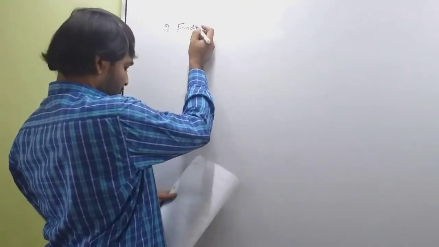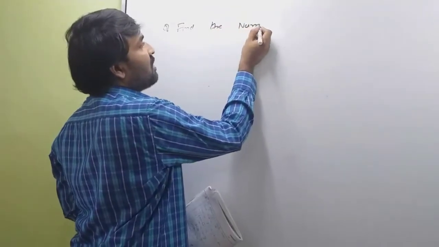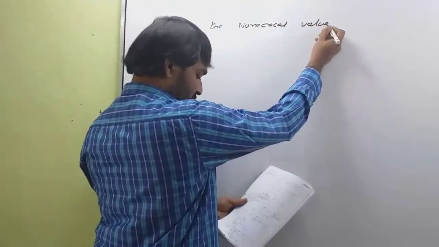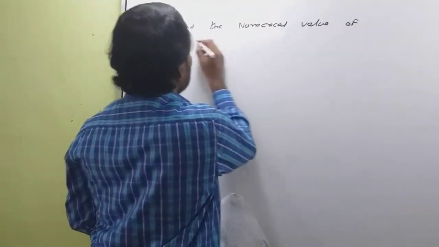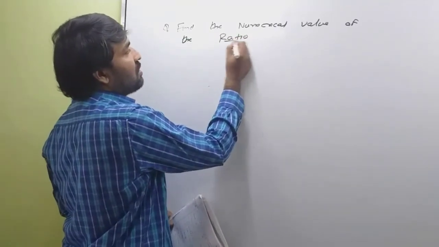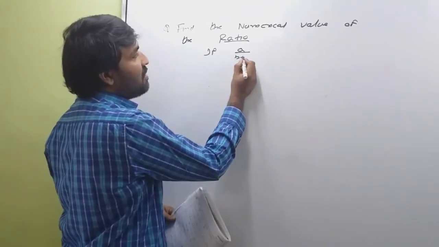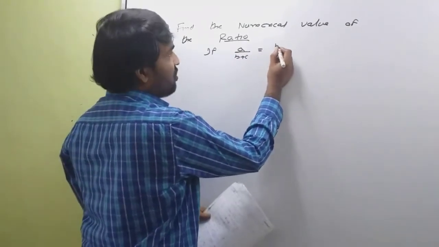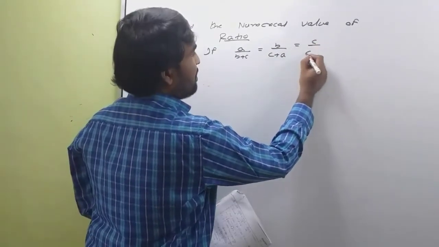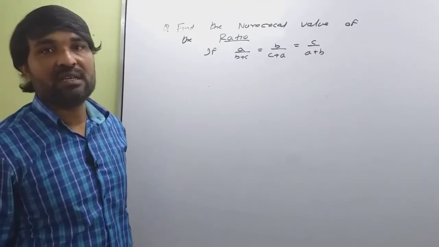Find the numerical value of the ratio if a by b plus c is equal to b by c plus a is equal to c by a plus b. We want to find the numerical value of this ratio.